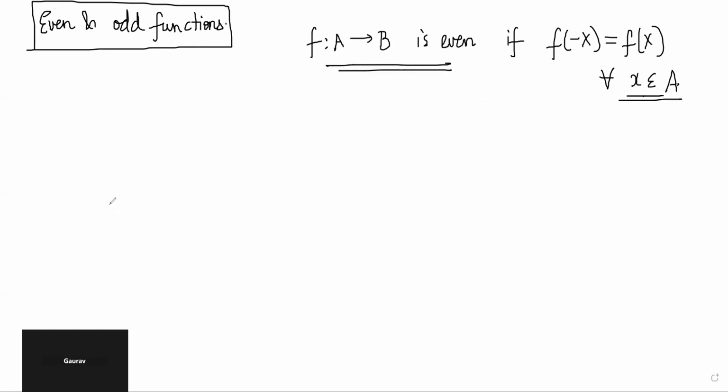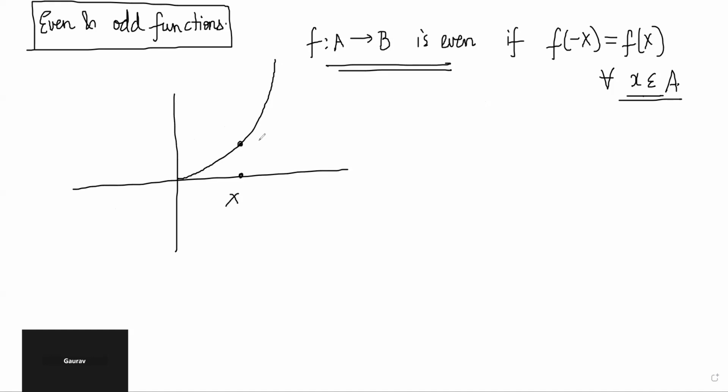So f of minus x equals f of x means if you try to draw the graph of the function, whatever happens on this side, let's say this is x, this is my f of x. So the point is x comma f of x. Now equidistant from this side, there is a point minus x. Now f of minus x is equal to f of x means that value is also somewhere here.